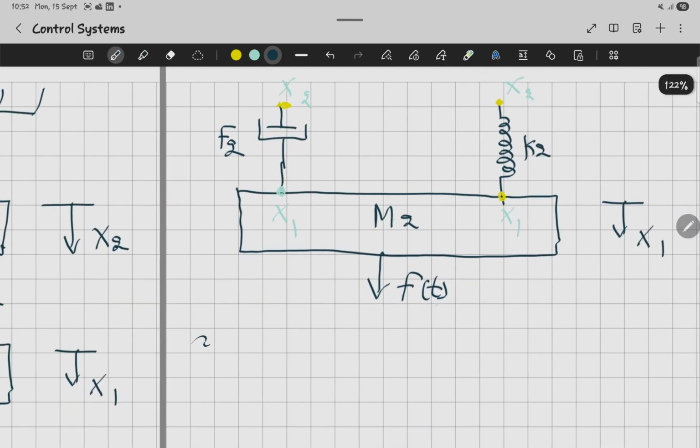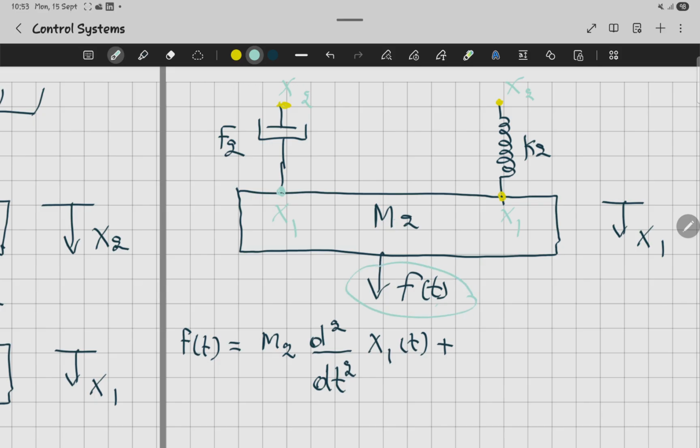For ft, we have ft connected to the mass, so we write ft equal to m, and we know that m will be represented as m d squared over dt squared of x1 of t, plus all the things connected to m.